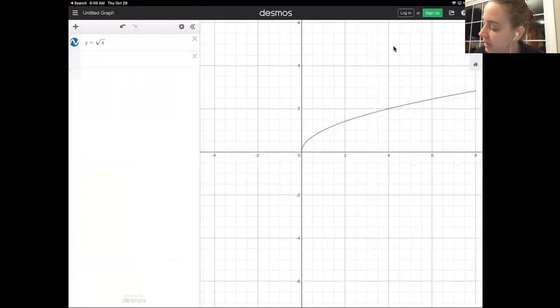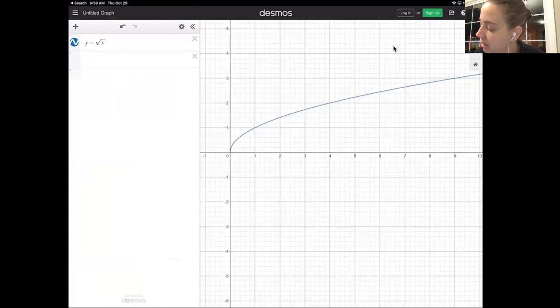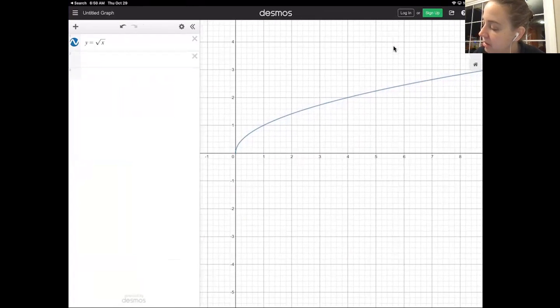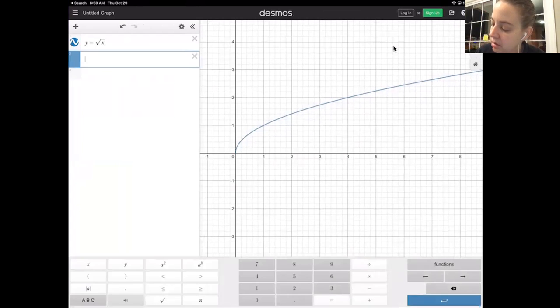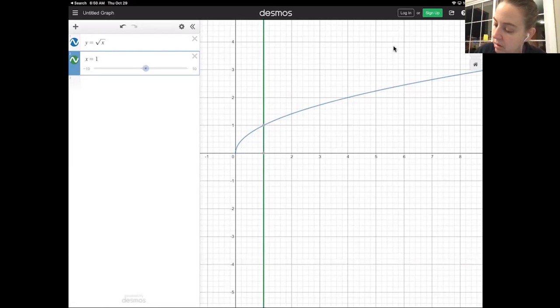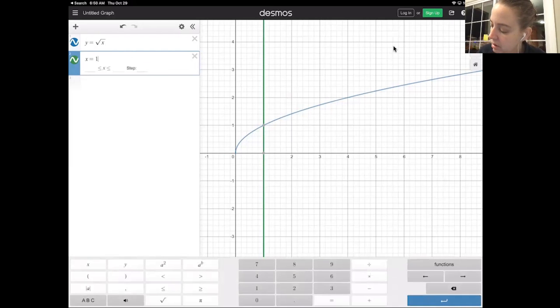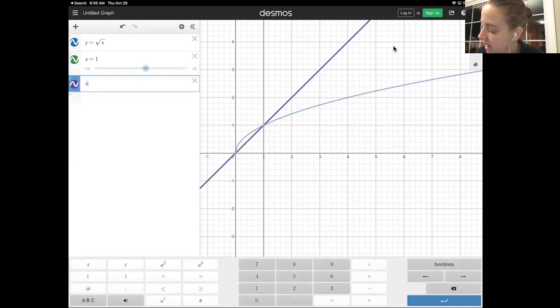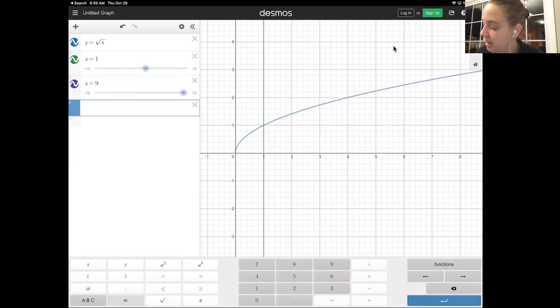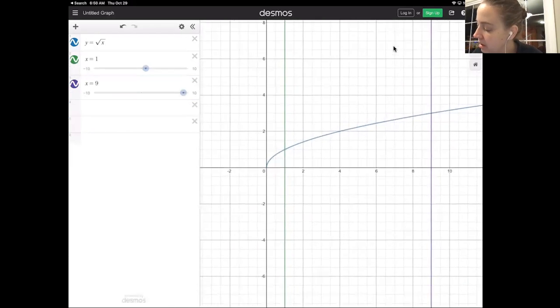And we are looking at the square root of x between 1 and 9. So we're looking from x equals 1, and how do I make another one? There we go. x equals 9. Now I'm just using those because I can't draw on the picture as to exactly where those are.